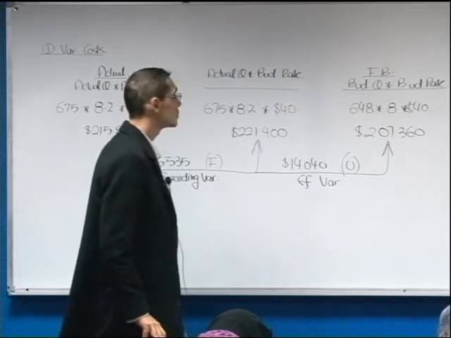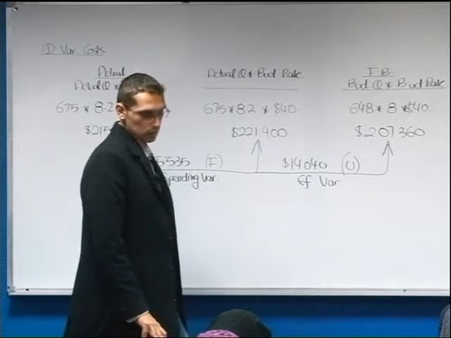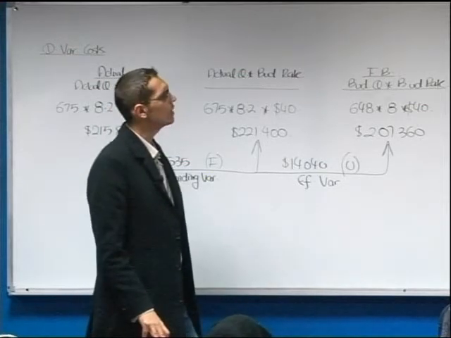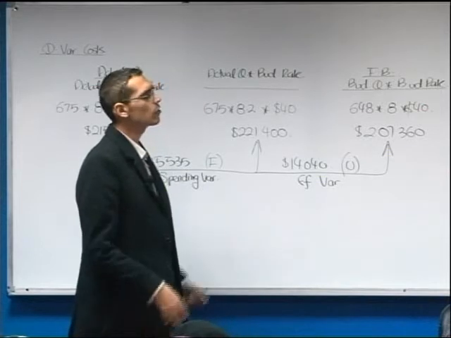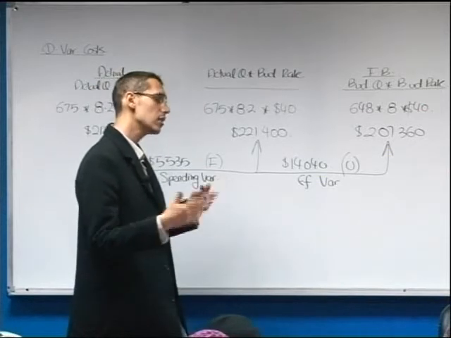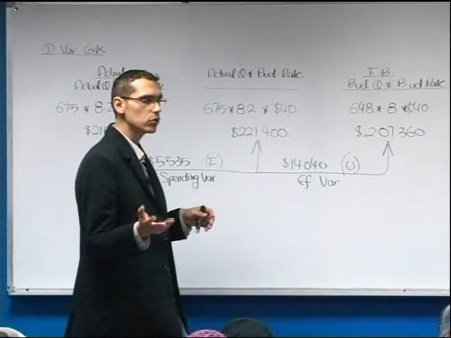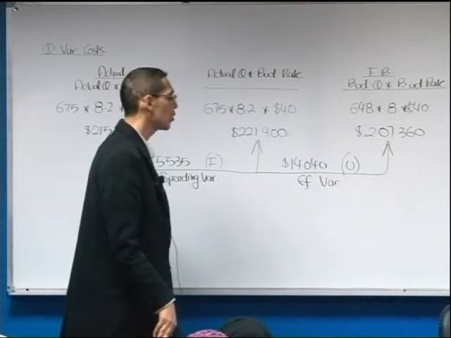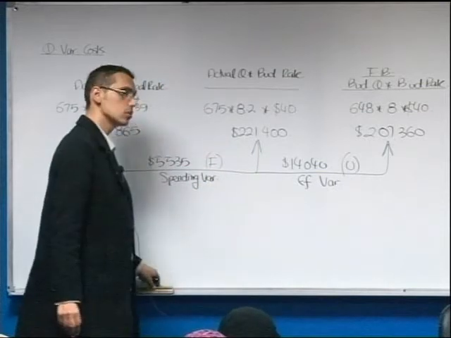Number 7. Therefore, now we need to calculate the different variances, the production volume variance and the spending variance for the fixed manufacturing overhead, or the fixed overhead costs.